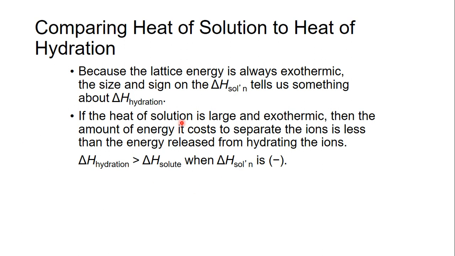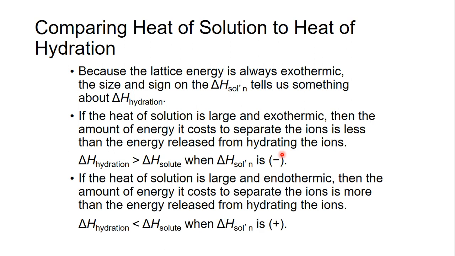So if you have a delta H solution that is very large and very negative, that means the lattice energy wasn't all that strong. It's very easy to break apart these ions. And the new ion-dipole interactions you are making are very favorable. These ions really want to be hydrated. And so the solution heats up.